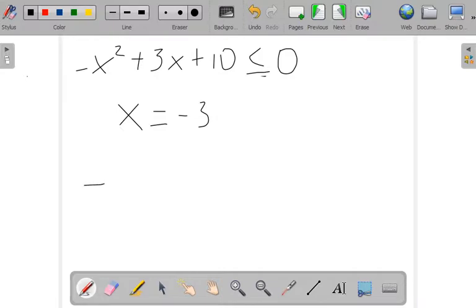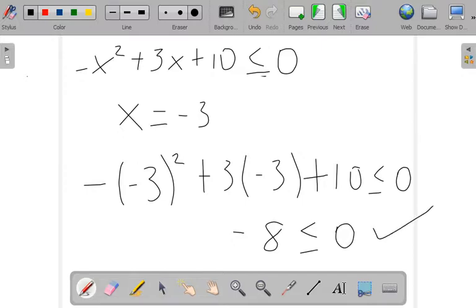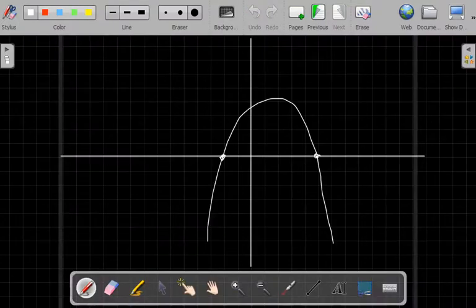So in this case, we're going to have negative 3 squared plus 3 times negative 3 plus 10 is less than or equal to 0. If we do that, we get negative 8 is less than or equal to 0. This is true, right? Negative 8 is less than or equal to 0. So on our graph, we can include these points. All of these values of x make the statement true. So we're going to shade this in.